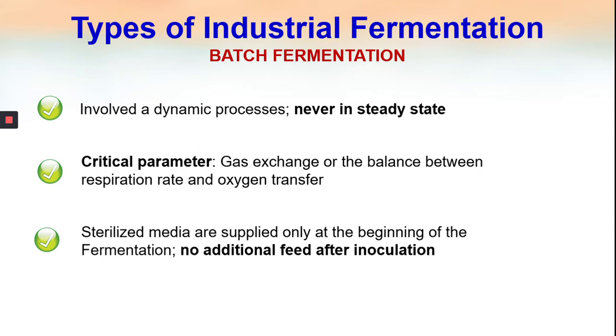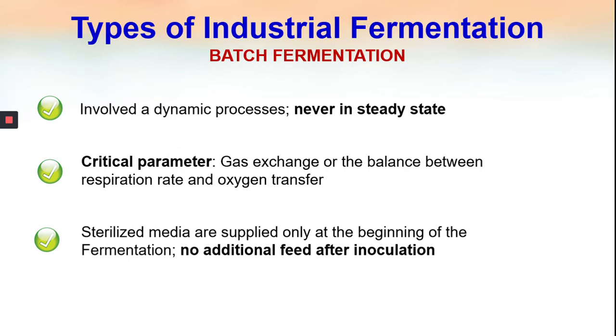That means the pH will drop and there will be an accumulation of fermentation byproducts and fermentation metabolites. There are some critical parameters that need to be taken into consideration, such as gas exchange, the balance between respiration rate and oxygen transfer.